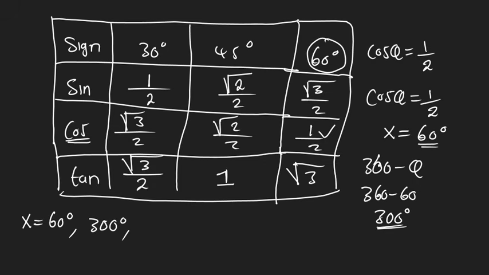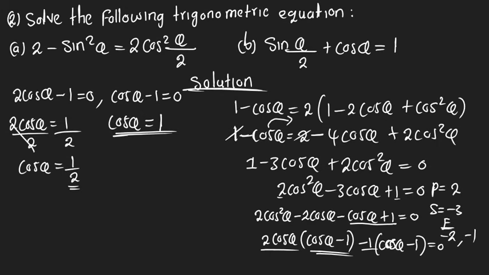And there's only one point where your x value is equal to 1, and that is at 360 degrees. So, 360 degrees. Okay? That's how you find this particular equation. So you find your values of x are going to be 60 degrees, 300 degrees, and 360 degrees. Okay? You can use the same concept to actually solve this one. So I'll give it 4 marks, and then you'll be able to solve everything.